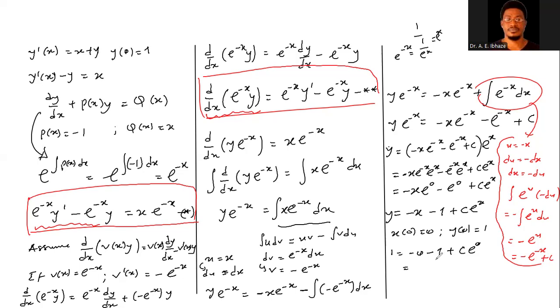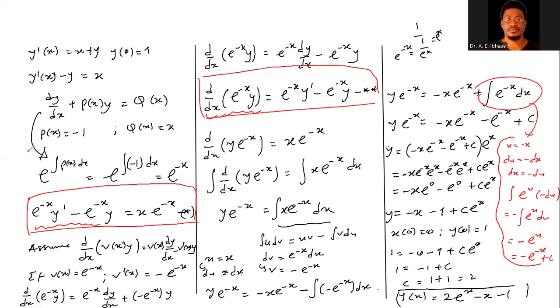So this will give us 1 equals minus 1 plus c. So c will be the same as 1 plus 1, which is equal to 2. Therefore, y of x will be the same as 2e^x minus x minus 1. Okay? Now, this is the exact solution.